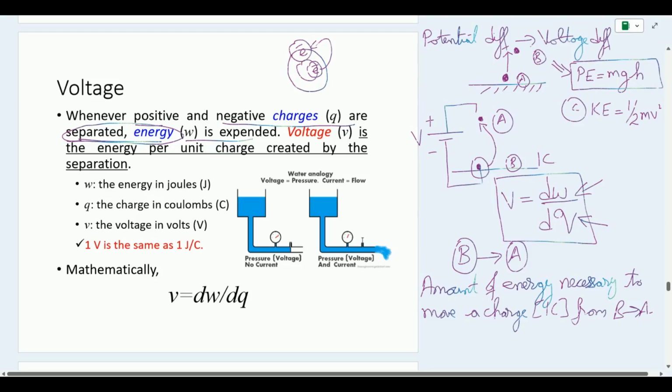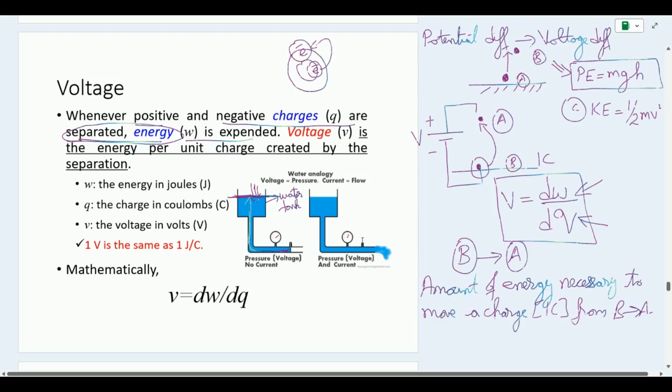The most common analogy we give to understand voltage generation is obviously the example of a water tank. Here you can see in the image that you had a water tank and you started filling it, and the water accumulated and then reached the maximum point. So the water was at this point and has gained a certain height, or gained certain potential energy, and has reached its maximum point.